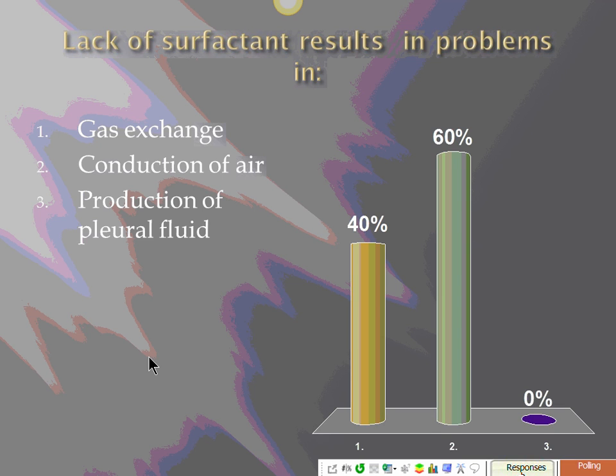Okay, the correct answer is gas exchange and not conduction of air. Remember the respiratory zone, which is where gas exchange occurs. Alveoli are part of the respiratory zone, which is where gas exchange is occurring. If there's no surfactant, the problem is that the alveoli are not going to enlarge.